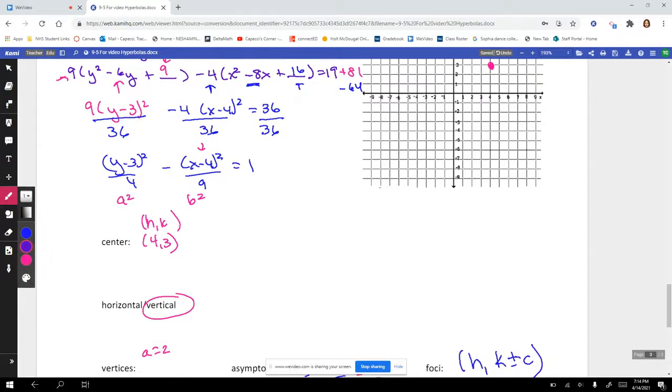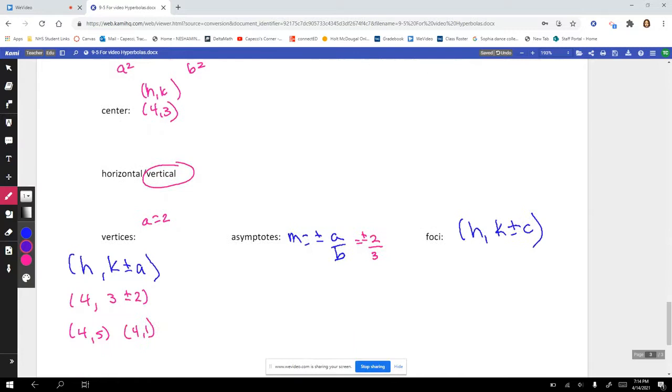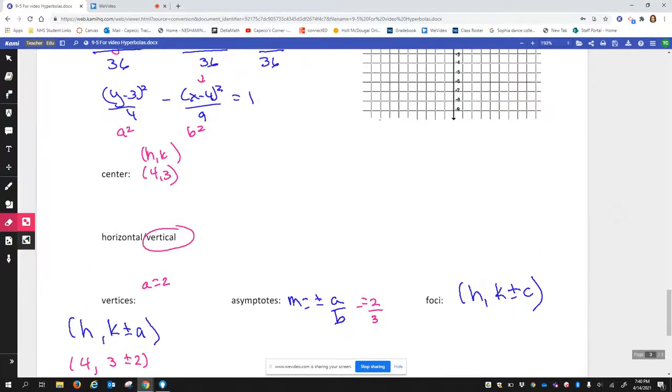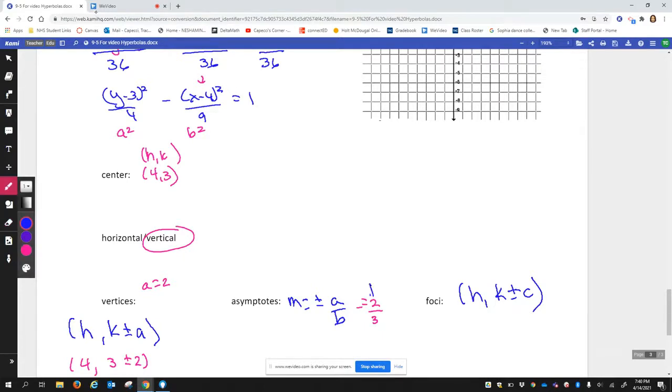And then our vertices are 4, 5, and 4, 1. Now our slope is going to be 2/3, our slope of our asymptote, right? Because a squared is 4, so a is going to be 2, and b squared is 9, so b is going to be 3. So the slope of that line is going to be plus or minus 2/3.